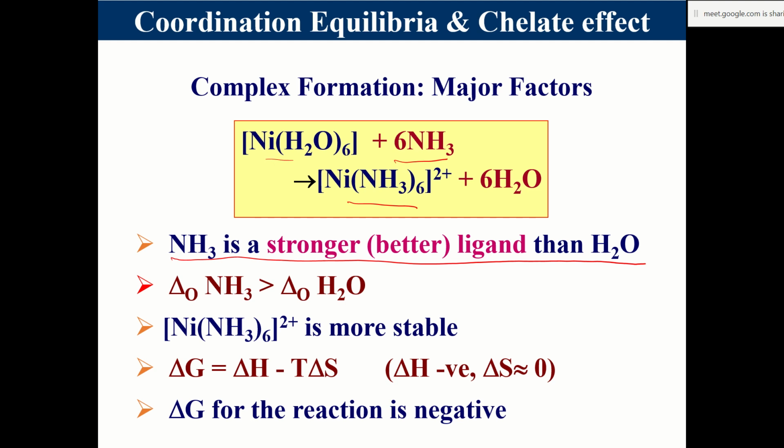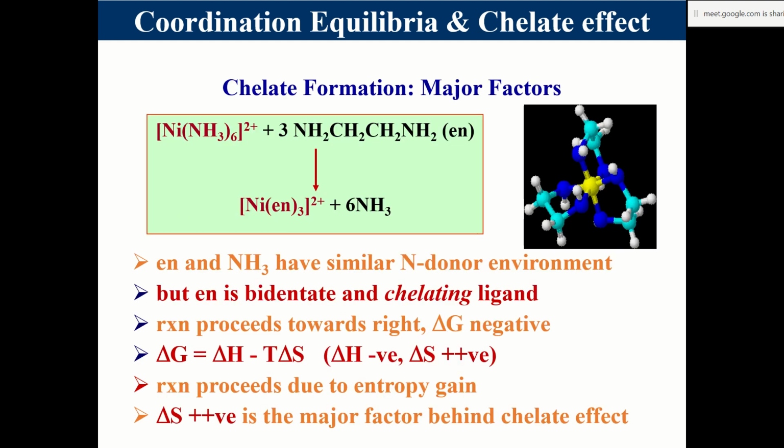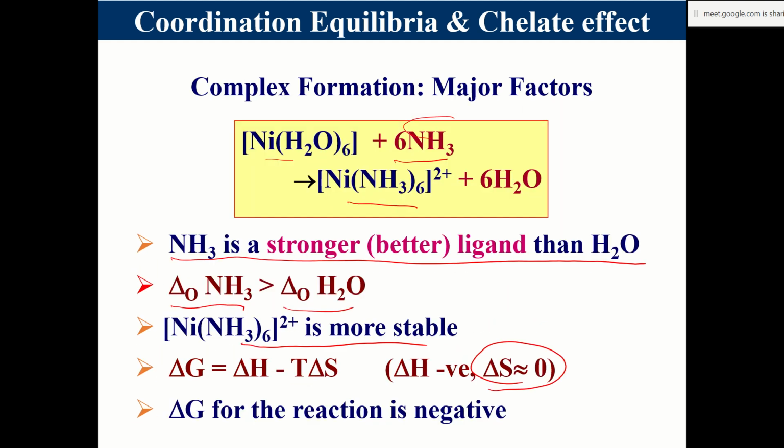Or you can say delta naught for NH3 is greater than for H2O, or you can also say that it is more stable, and so delta G is negative. Delta S is 0, that we have seen here, the number of species is the same. Delta G for the reaction is negative because of the change in the bond, Ni-O bond to Ni-N bond.